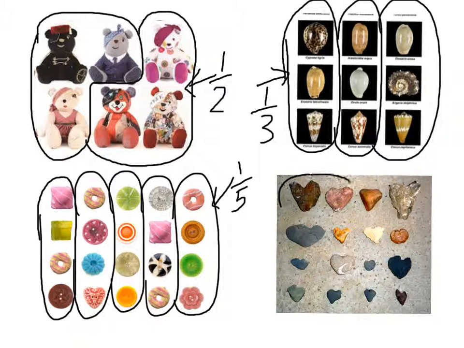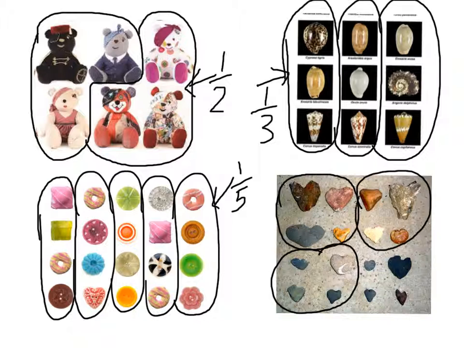So I'm going to make sure I have the same amount of Love Heart rocks in each group. And I've got 4 Love Heart rocks in each group. And I've created 4 equal groups out of my whole collection of Love Heart rocks. And one of those groups of Love Heart rocks is considered to be 1/4 of my whole collection.